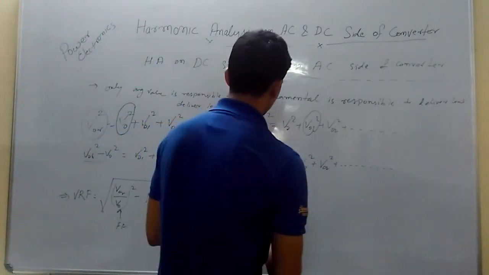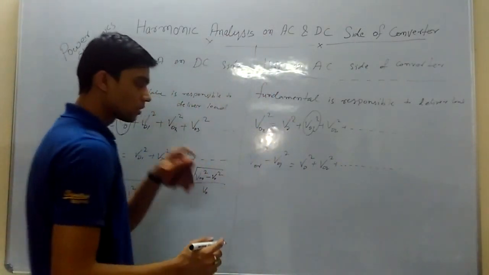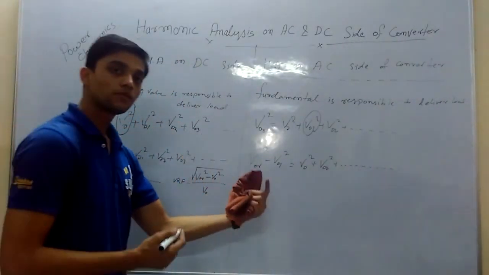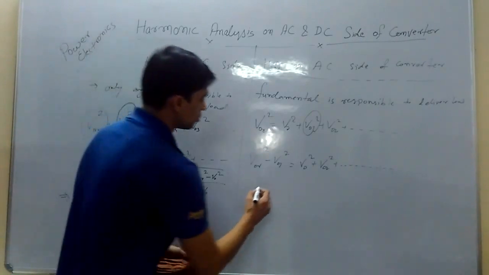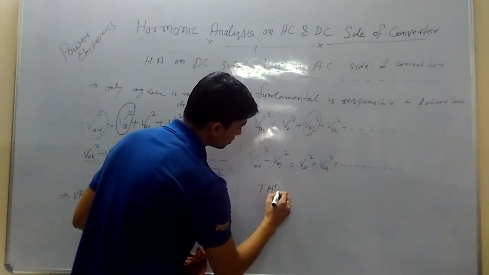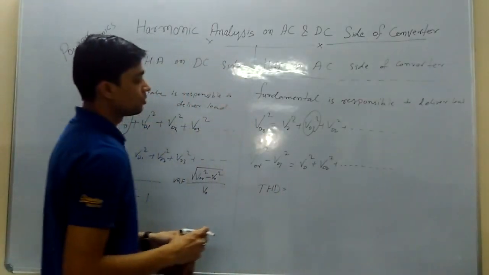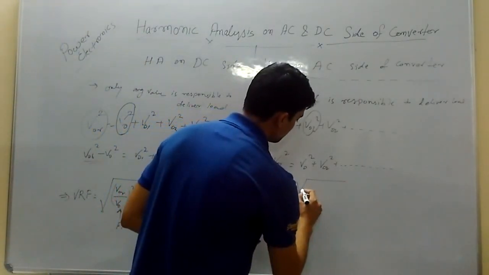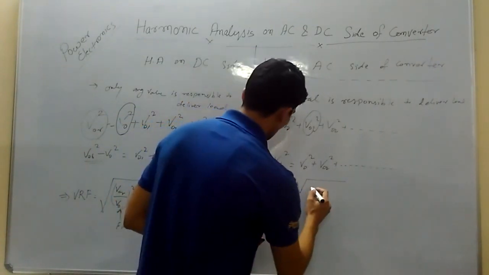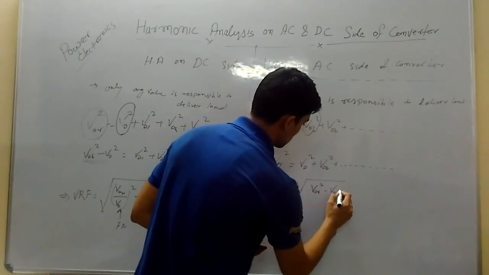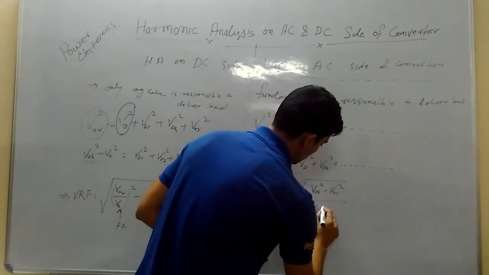Similarly, in case of AC, you need to calculate the total harmonic distortion with respect to the fundamental value. Total harmonic distortion can be defined as the ratio of unnecessary things to the fundamental.